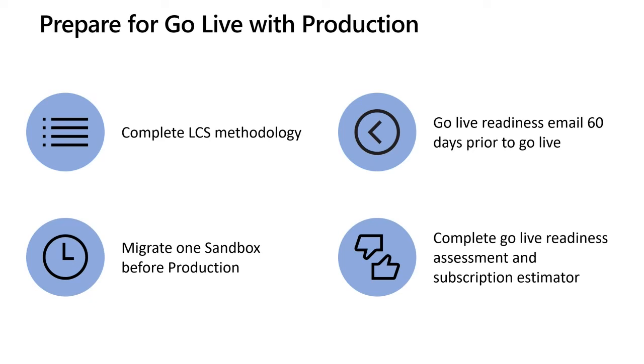And you must complete the go live readiness assessment and subscription estimator in LCS before the production migration button is enabled. So you have to complete your sandbox migration, do the testing, submit the go live readiness assessment and the subscription estimator, and then the production enablement button will be there.